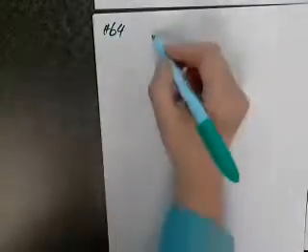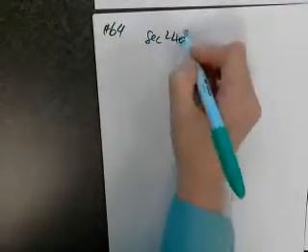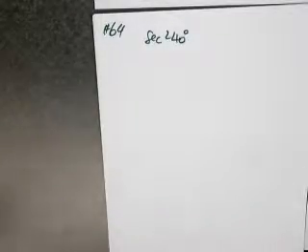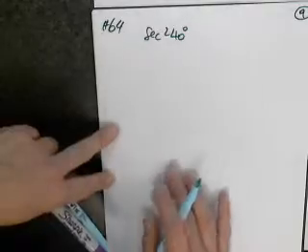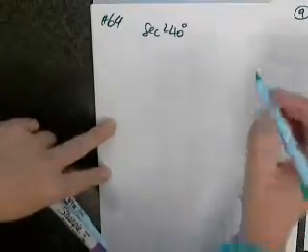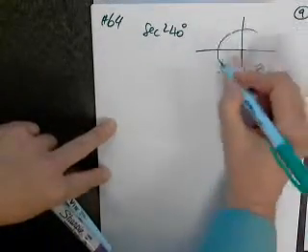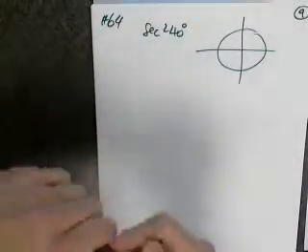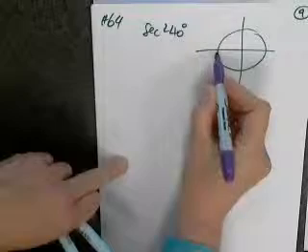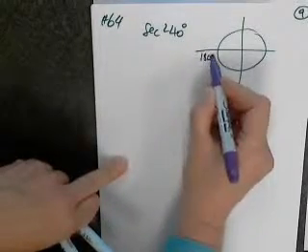Secant, 240 degrees. They're asking us to find this function value. I have no idea where 240 is till I look at the unit circle. So secant 240, I know that this is 180.